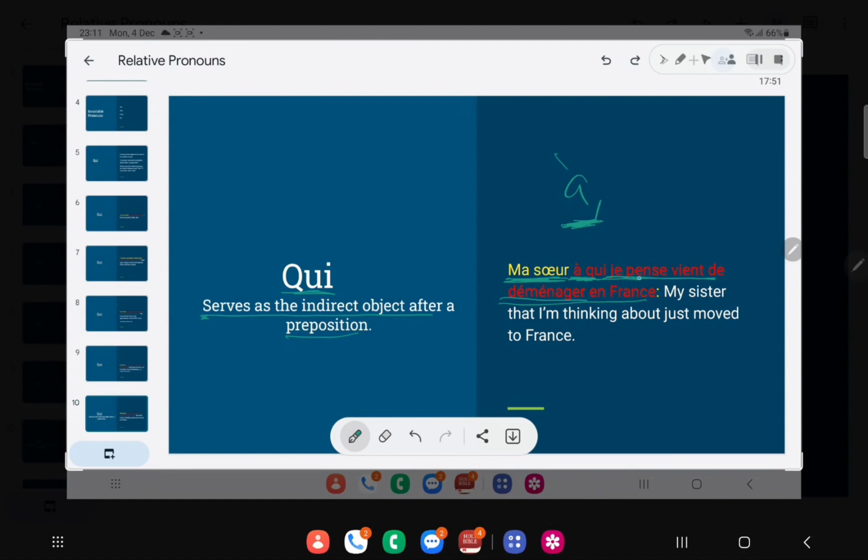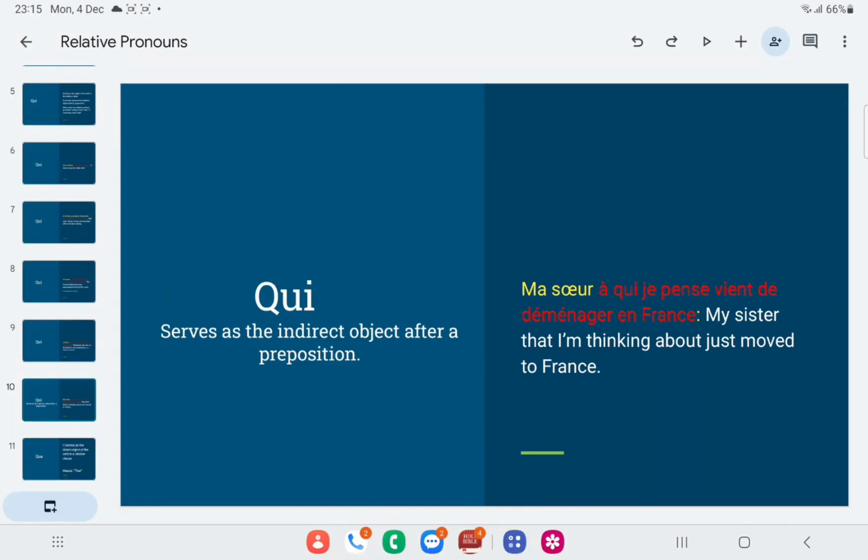The verb penser is directional in this sense, and the verb is geared at qui. As a subject, qui carries out the verb, but in this case, the verb is being carried out on qui, as we've seen here. Ma sœur, à qui je pense? Je pense à quoi? Je pense à ma sœur. I'm thinking of my sister. You get it? So that is that for qui. In the next class, we'll be looking at que.